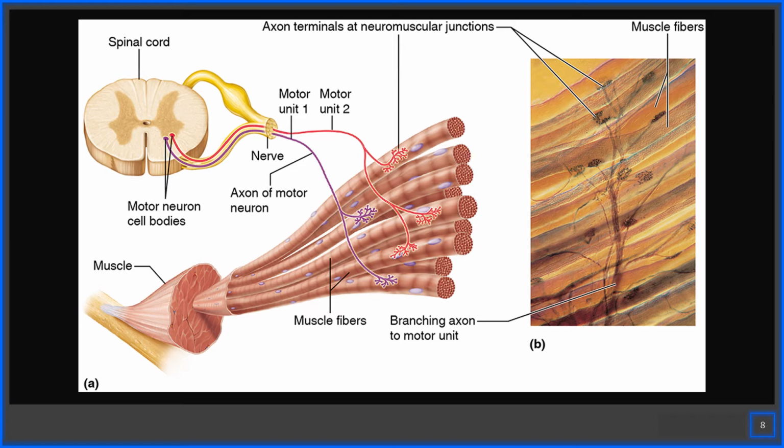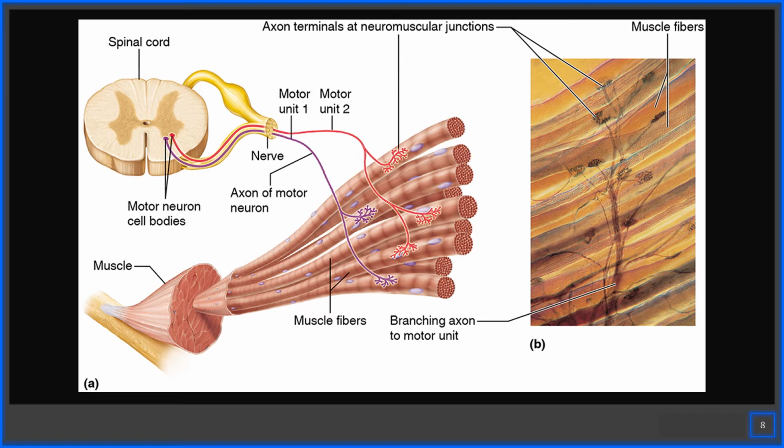When the axon, which is the long thread-like part of the neuron, reaches the muscle, it branches into axon terminals, each of which forms junctions with the sarcolemma of a different muscle fiber. These are called neuromuscular junctions. These neuromuscular junctions contain synaptic vesicles filled with a chemical referred to as a neurotransmitter.